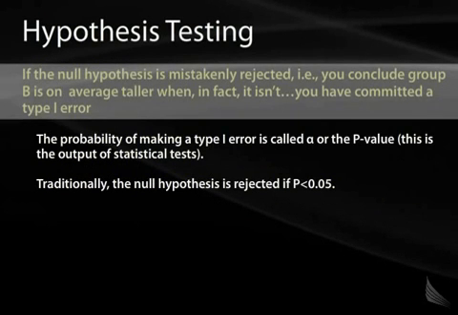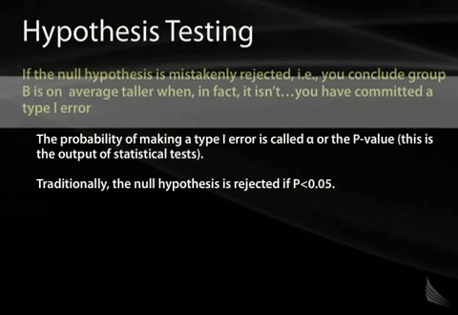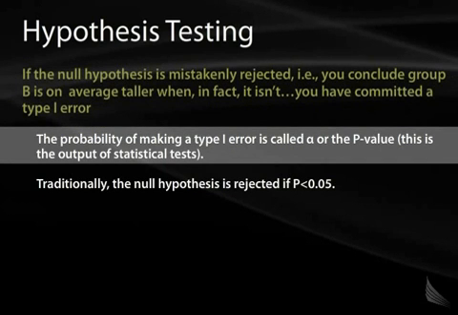If the null hypothesis is mistakenly rejected, i.e., you conclude that group B is on average taller when in fact it isn't, you've committed what's called a type 1 error. The probability of making a type 1 error is called alpha, or the p-value, and this is often the output of statistical tests.